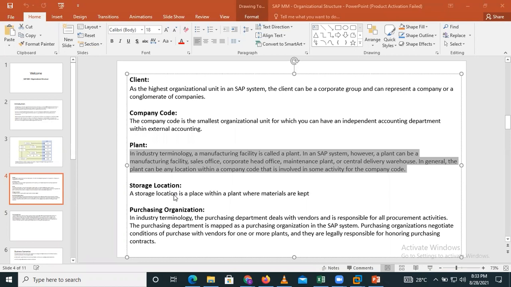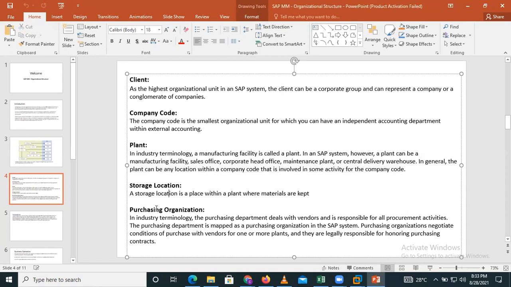In that case, Pune Airport and Delhi Airport will be plants for me, because from those airports we are providing our services. So a plant is a place where we have the manufacturing facility, or from where we are providing our services. Got it? Okay, that is my plant.